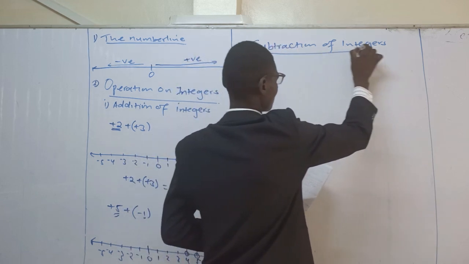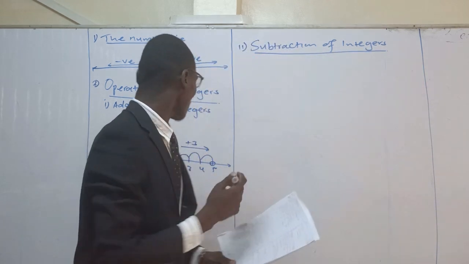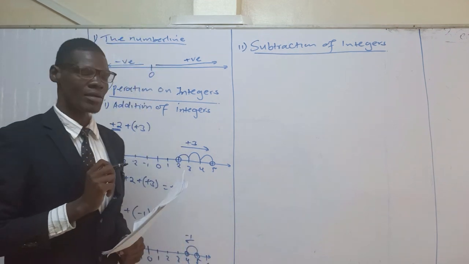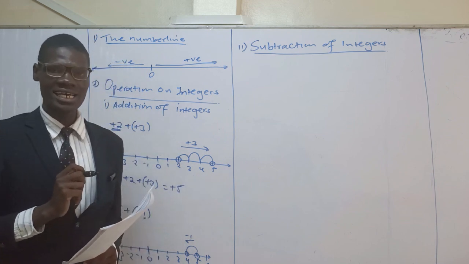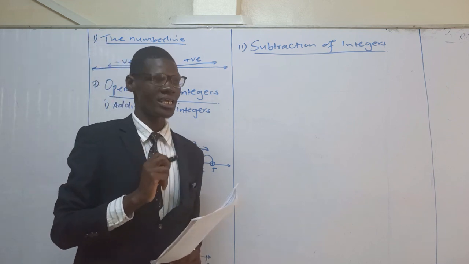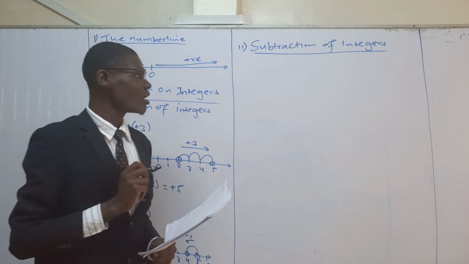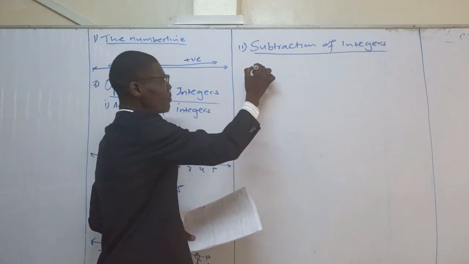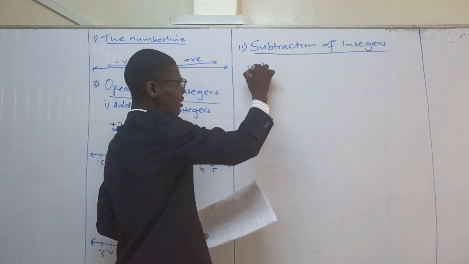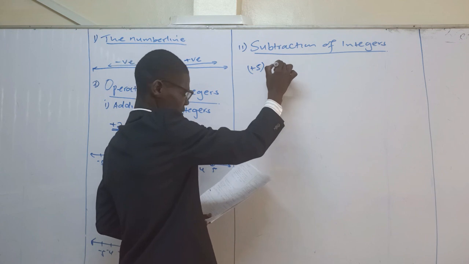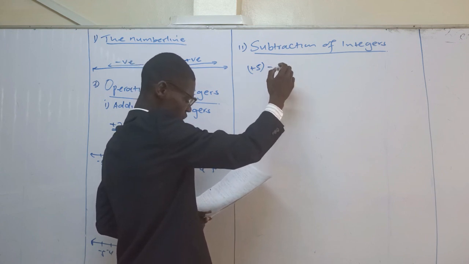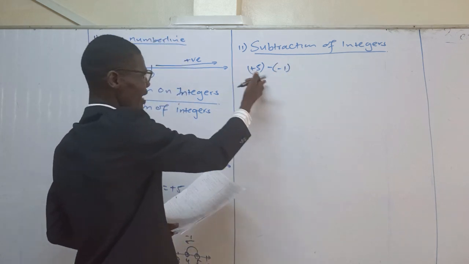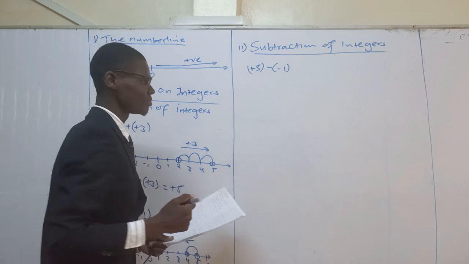As we did on addition, integers can also be subtracted using a number line. For example, if we have a sum like positive 5, I subtract negative 1. It is a positive 5, I subtract a negative 1.